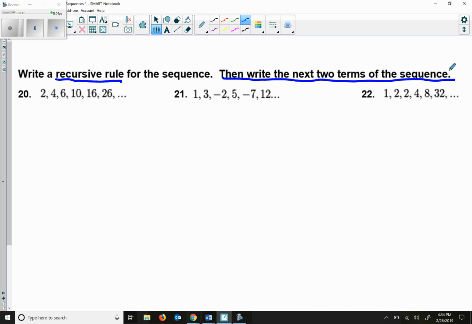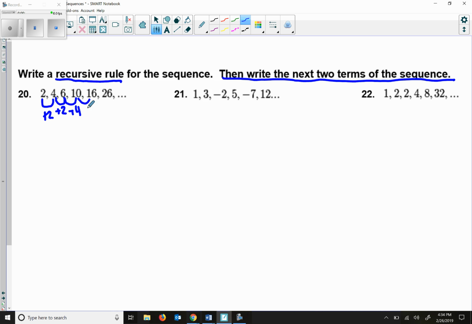So for these, if we start looking, especially at number 20, going from 2 to 4, I am adding 2. And then from 4 to 6, I'm adding 2 again. Now, when I go from 6 to 10, all of a sudden I'm adding 4.